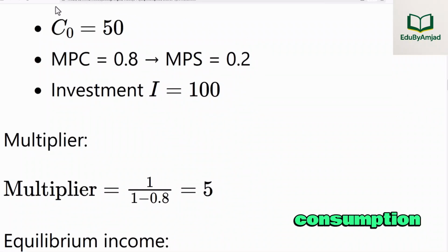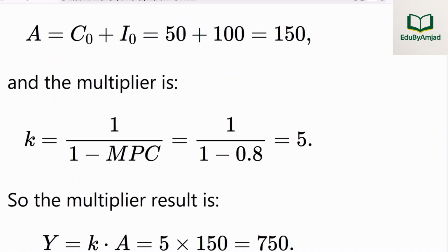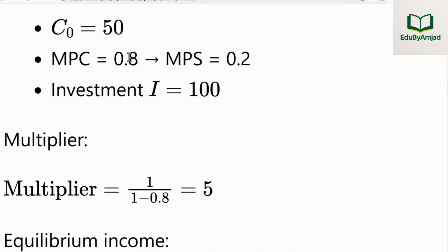Suppose autonomous consumption is 50 units and autonomous investment is 100 units of currency. Together, autonomous spending is 150. The MPC, the marginal propensity to consume, is 0.8.